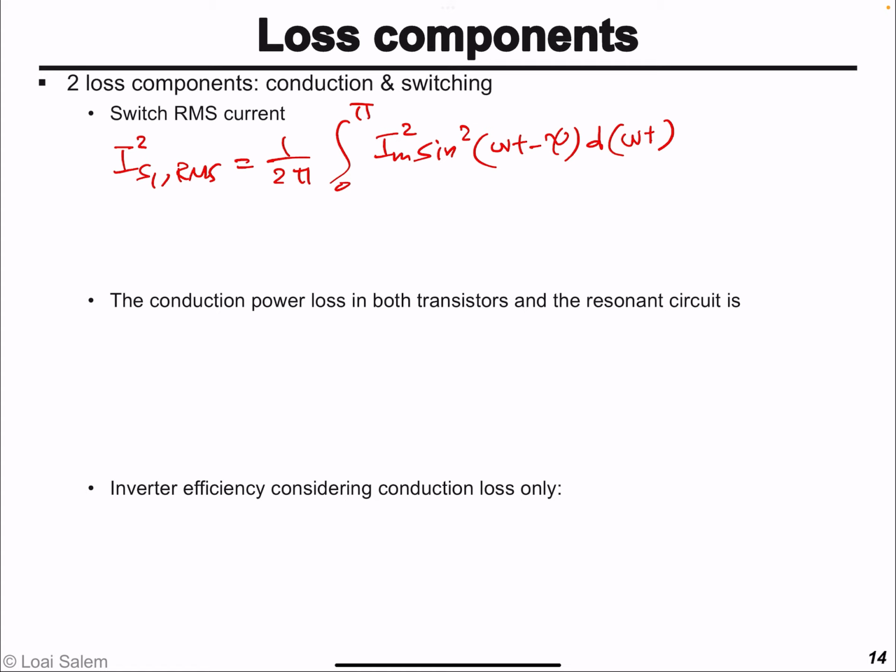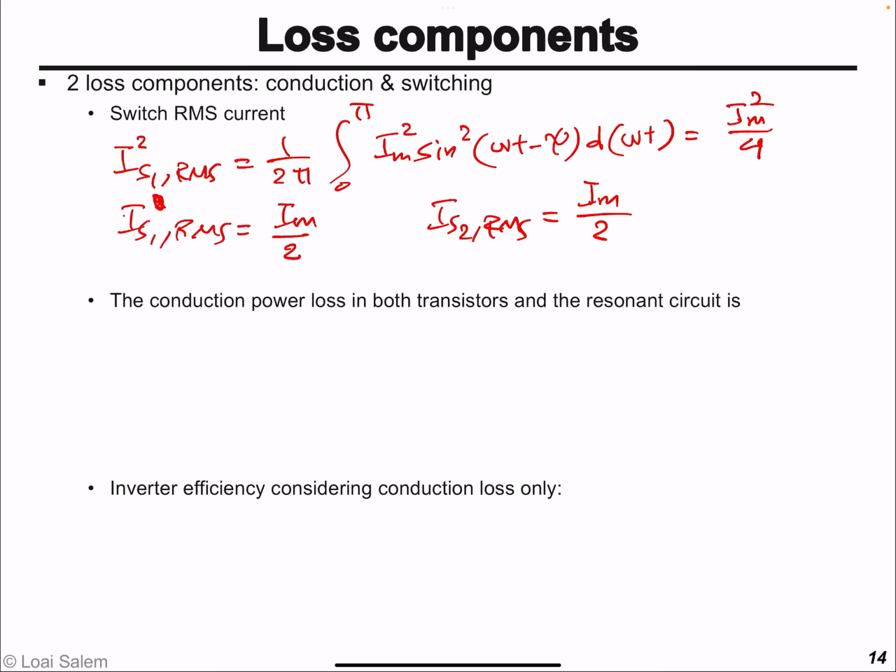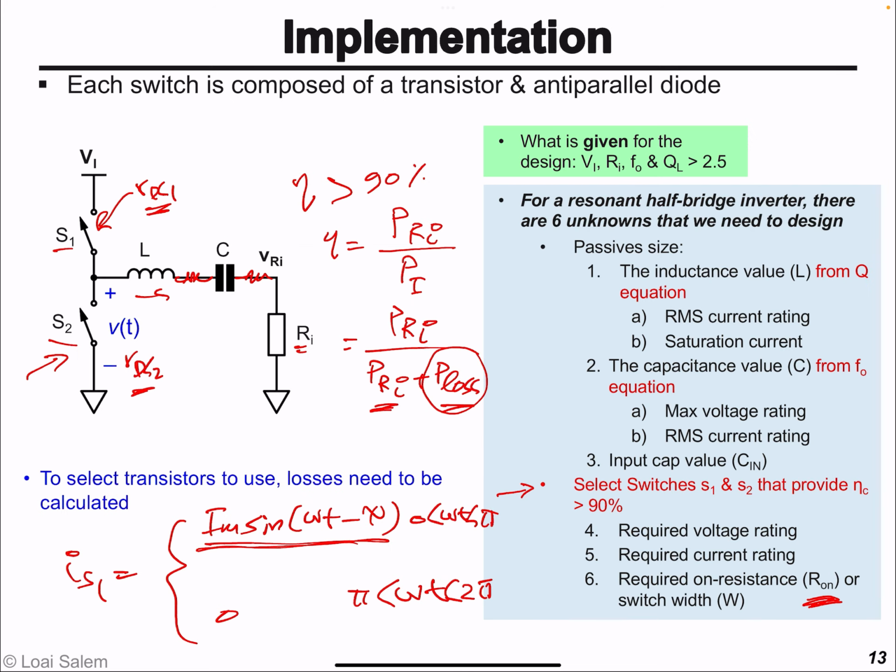We'll find it basically equal to Im square divided by 4. And so the RMS current in S1 is equal to Im divided by 2. And similarly, the RMS current for the bottom switch will also be Im divided by 2, where Im is the amplitude of the resonant circuit current.